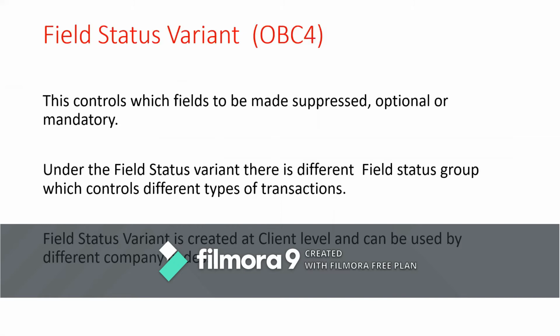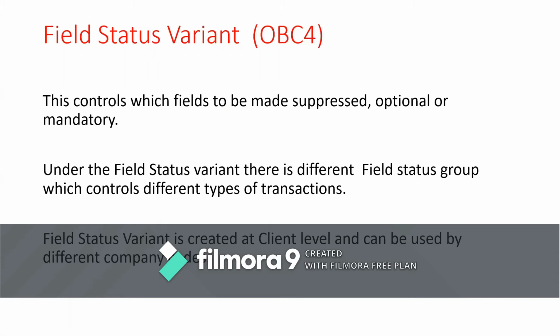We can suppress those fields or make them optional. And there are some fields which have to be made mandatory. At the posting of invoices, we can make the invoice amount and the invoice number mandatory. With the help of the field status variant, we can control the field settings.